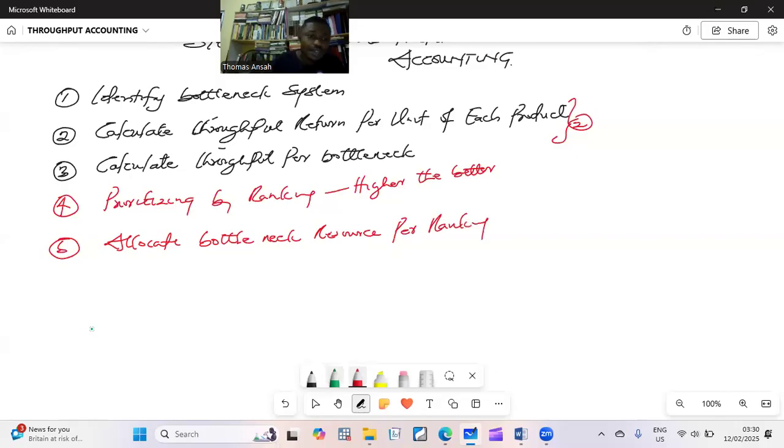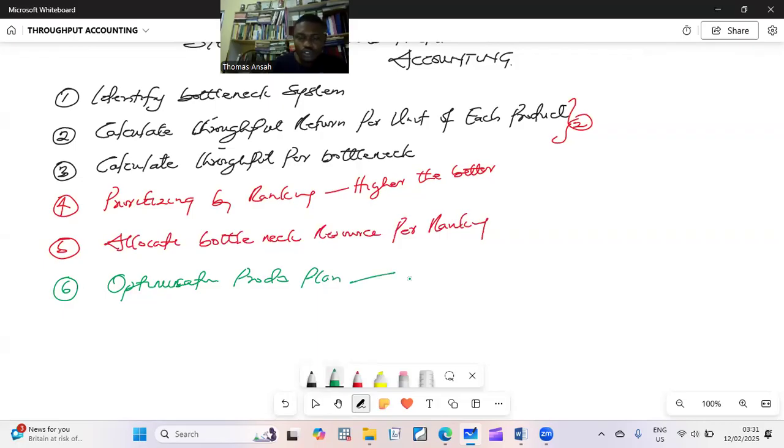Then the last step, if the question requires you to calculate the optimum production, so optimum profit, that is coming from the concept of profitability, remember? So you do your optimization production plan to come up with your profit.